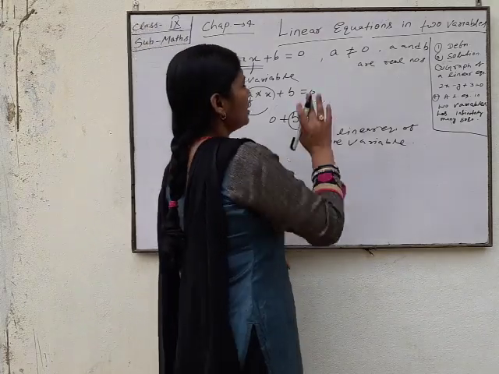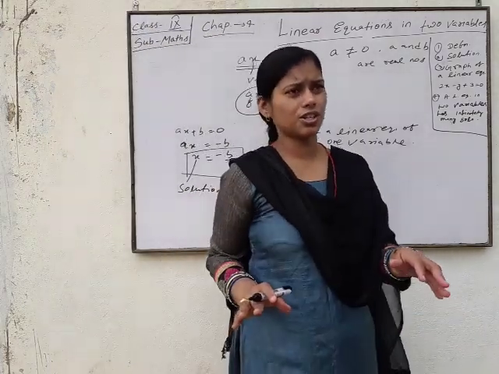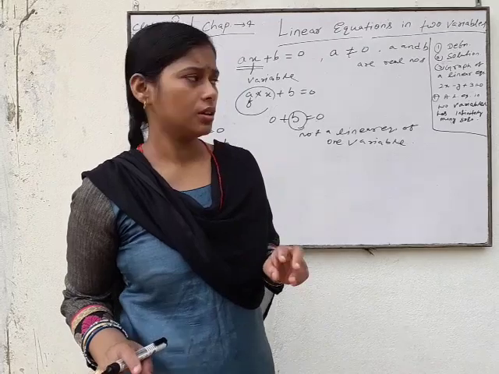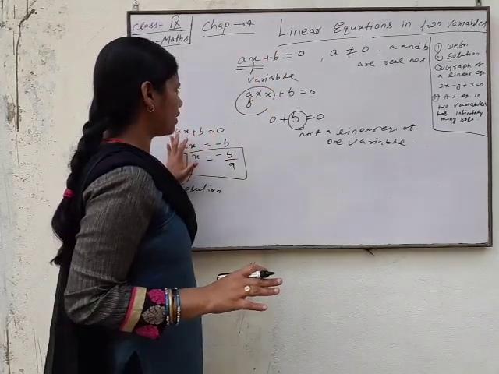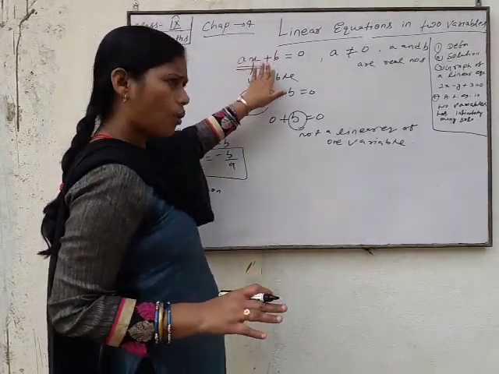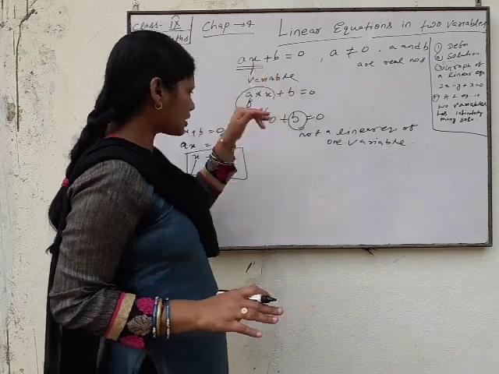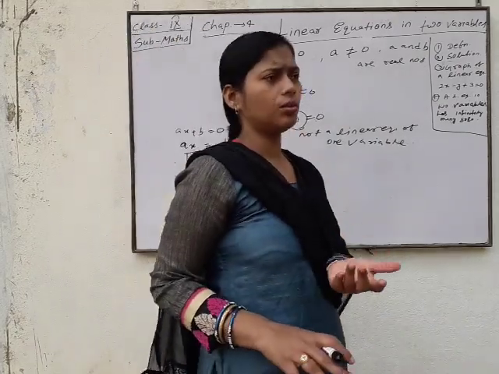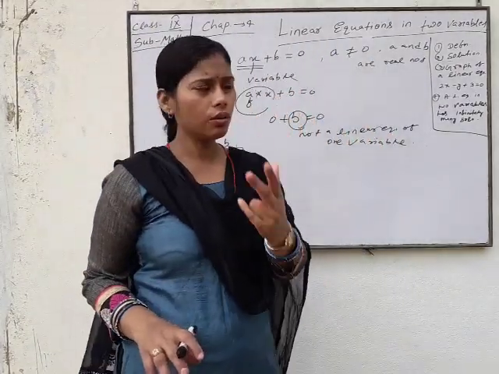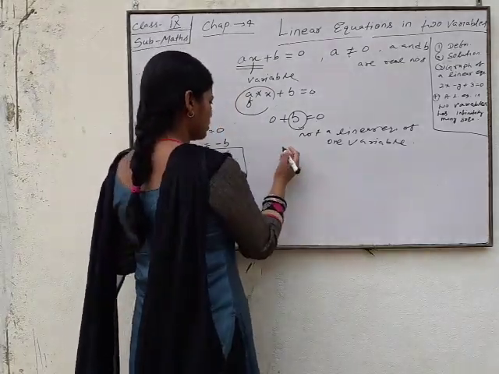Now we will discuss linear equations in two variables. The same as one variable, but here in one variable there is only x, and in two variables there are two variables.